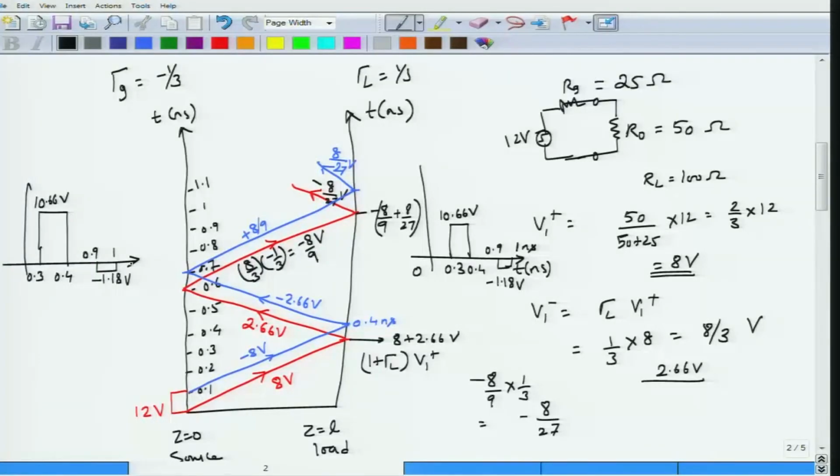Next time you can actually calculate when you will get the next pulse, and that pulse would come at a later time, but it would have a small positive value, and again you will get a negative value, and eventually these transients would try to go to 0. I mean, they would go to 0 exactly at t equal to infinity, but if you wait for about 10 or 15 propagation delay times, then all the secondary pulses would go to 0.